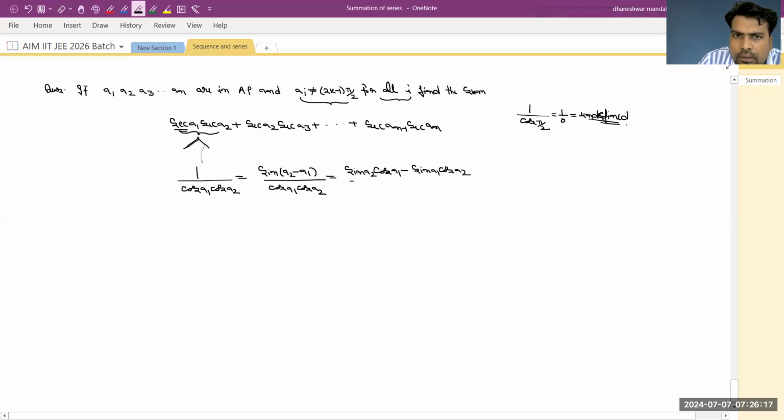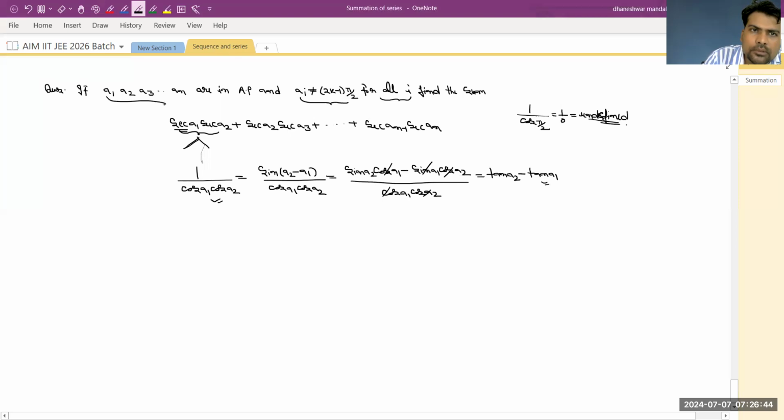Just divide this whole term by cos of A1 and cos of A2. If I divide by cos of A1, then cos A1 will be cancelled out, and here we get tan of A2. If I cancel cos of A2, then here we get tan of A1. So I write this term as the difference of two consecutive terms.